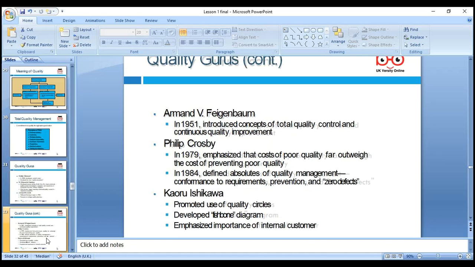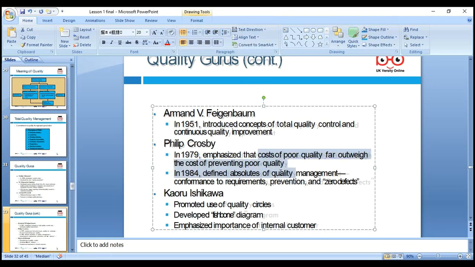So different philosophies and different authors gave us different concepts about quality. They emphasize the cost of poor quality. If you just focus on the cost, like some people don't buy Chinese products, they say it's okay cost-wise but not quality-wise.